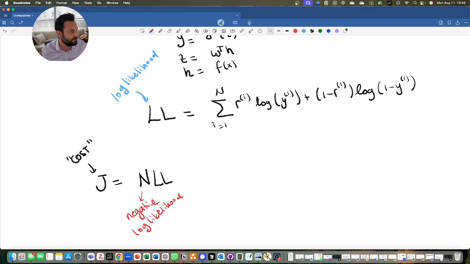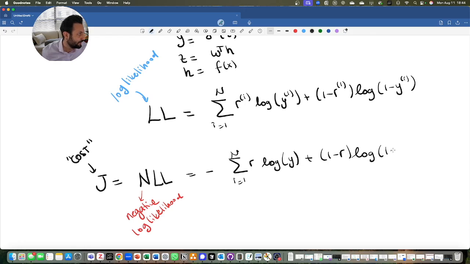So in TensorFlow, this is how they call it, and it's a giant negation in front of this. Let me not write the subscripts: plus 1 minus r log 1 minus y. All right, so that's the negative log likelihood.